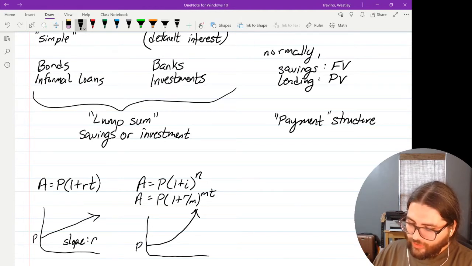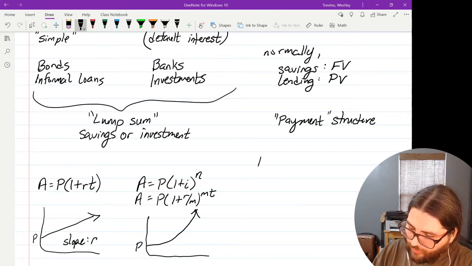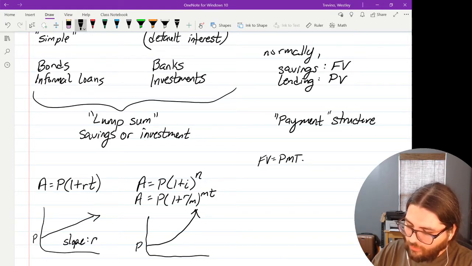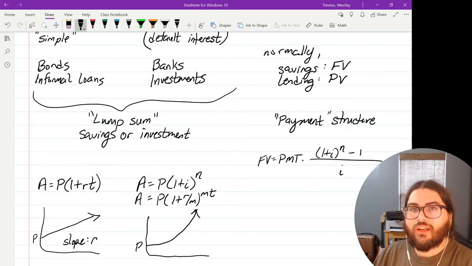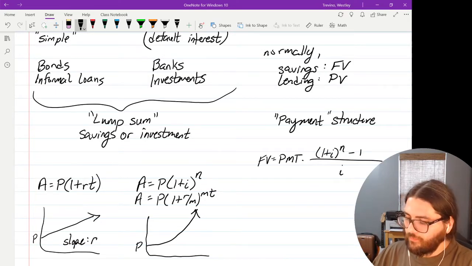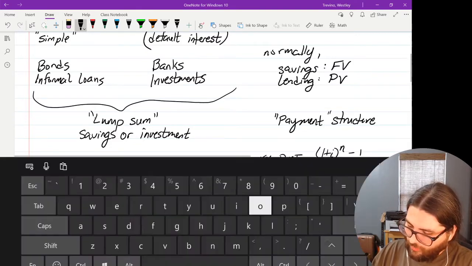We had several different formulas for the annuity case. And remember, in the annuity case, we had to keep track of this payment idea here. That payment was how much we were adding to the account every period. Same thing for the present value.